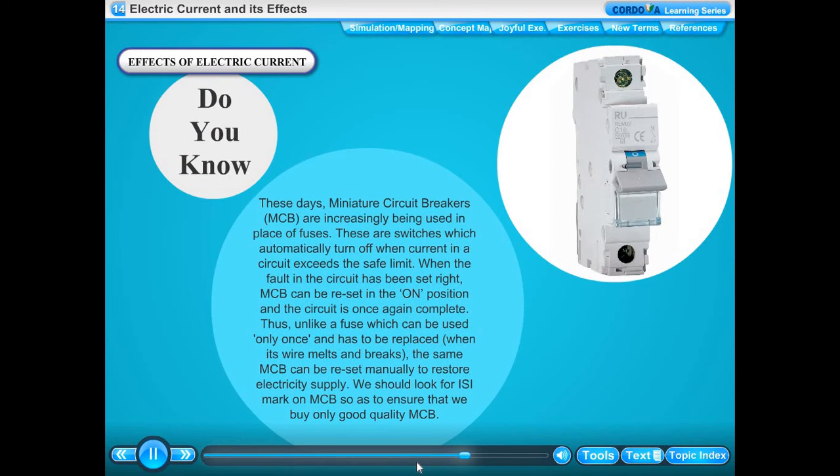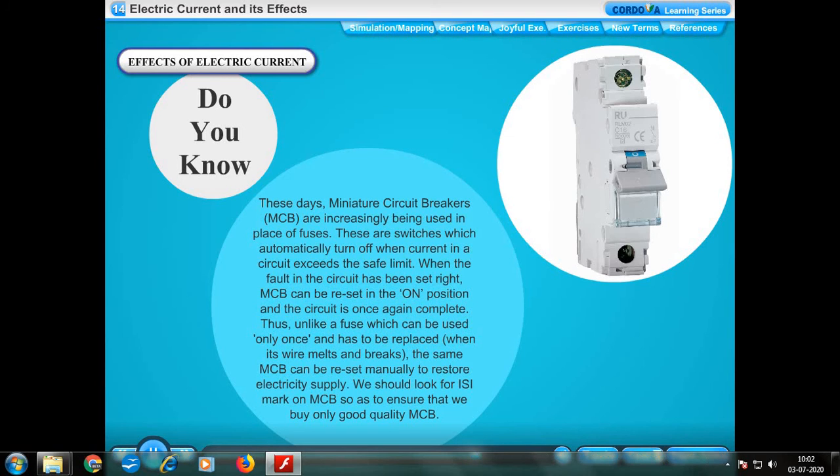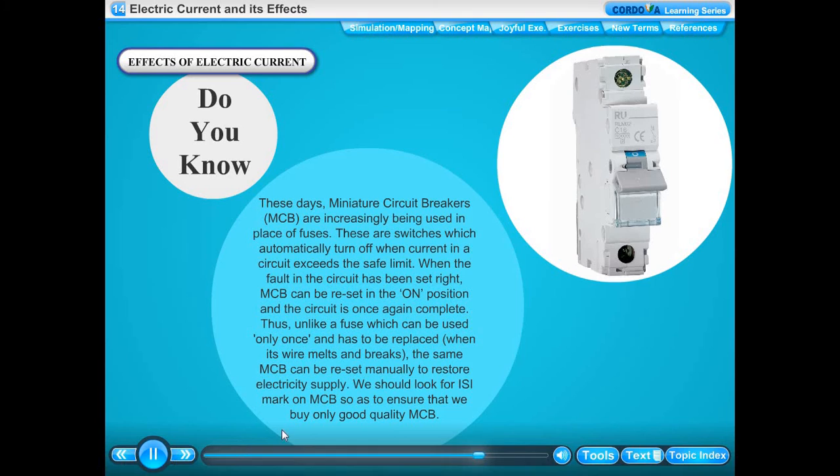Do you know? These days, miniature circuit breakers, MCB, are increasingly being used in place of fuses. These are switches which automatically turn off when current in a circuit exceeds the safe limit. When the fault in the circuit has been set right, MCB can be reset in the on position and the circuit is once again complete.